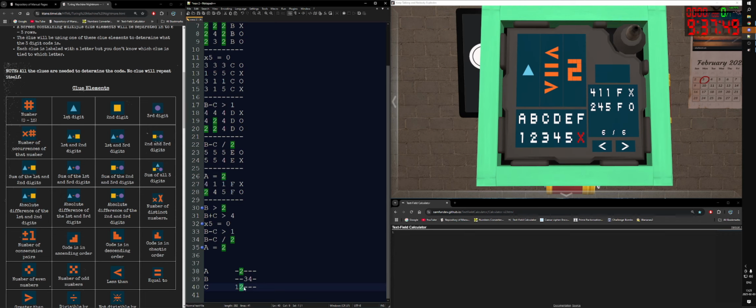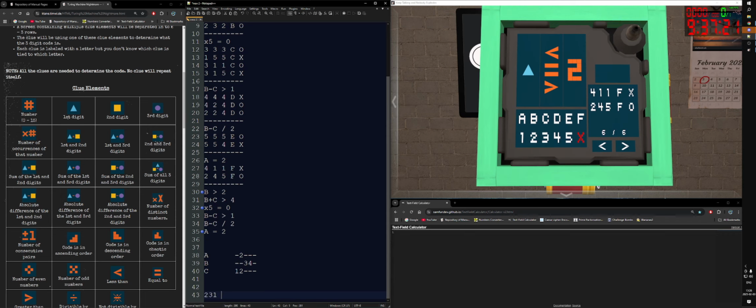Now, it can still be this 2 because value B can still be the 4. Now, let's see. B plus C is greater than 4. And also, B minus C is divisible by 2. So, this rule tells us that the second and third digits are either a pair of 3, 1 or 4, 2.